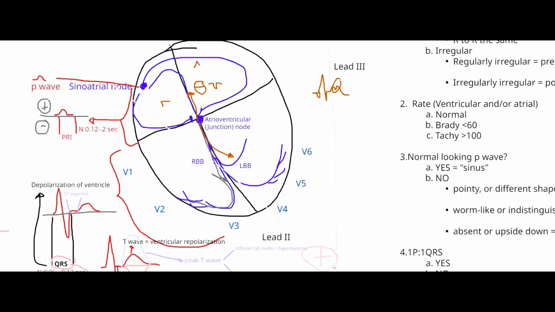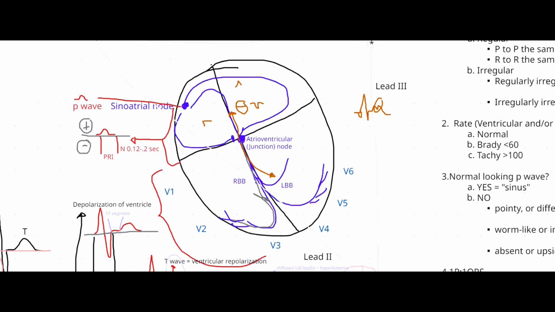So let's go back to the rates for each, because that will answer your question. We know that the SA node fires at 60 to 100 beats, right? And then your AV node, if it has to pick up, has a rate of how much? 40 to 60.